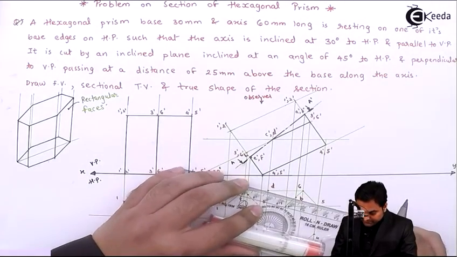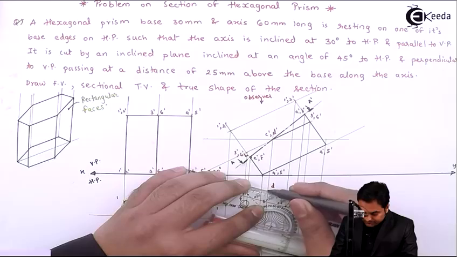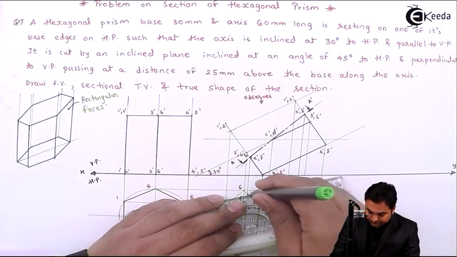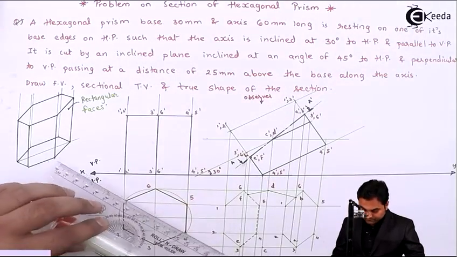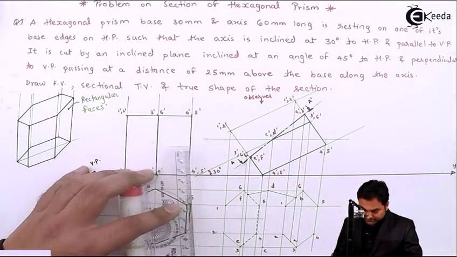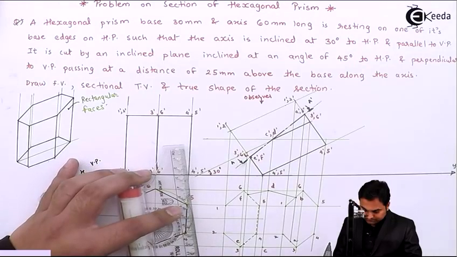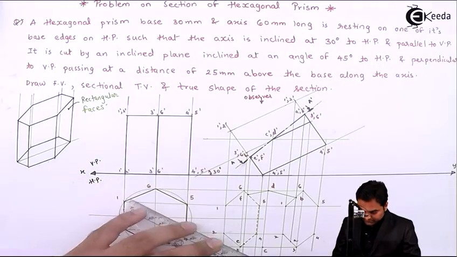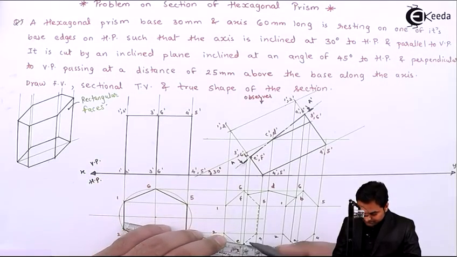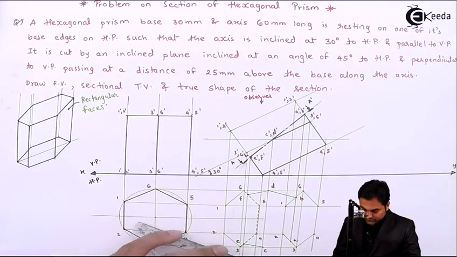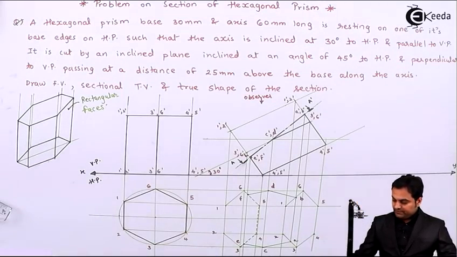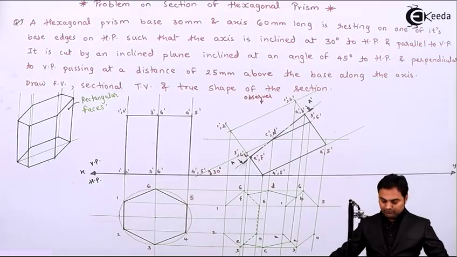Next, connecting B to D, then D to F, F to E, already connected, E to C, and C to A. Then I'll make it dark so that we can understand which portion is there and which is removed.